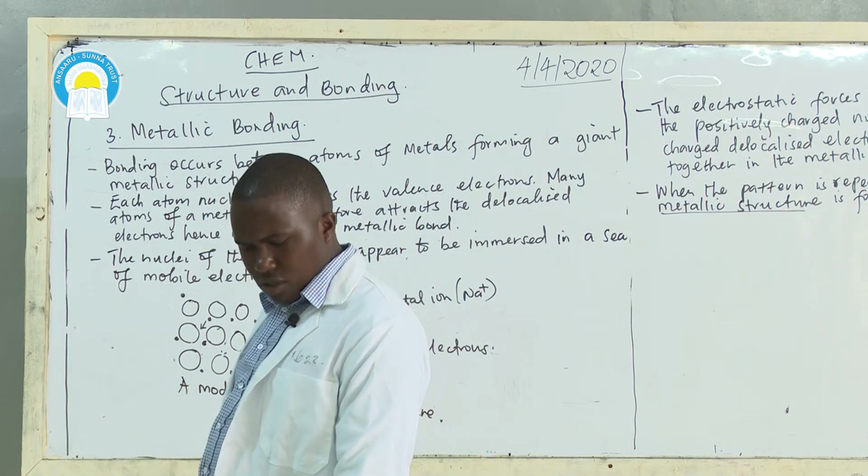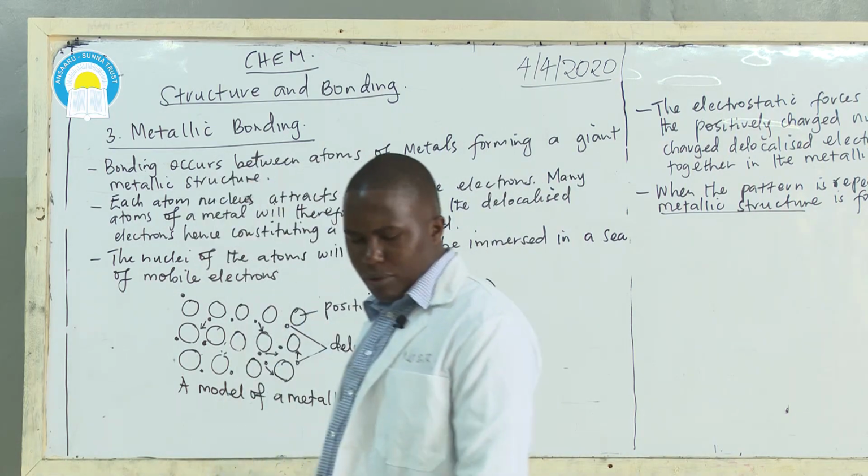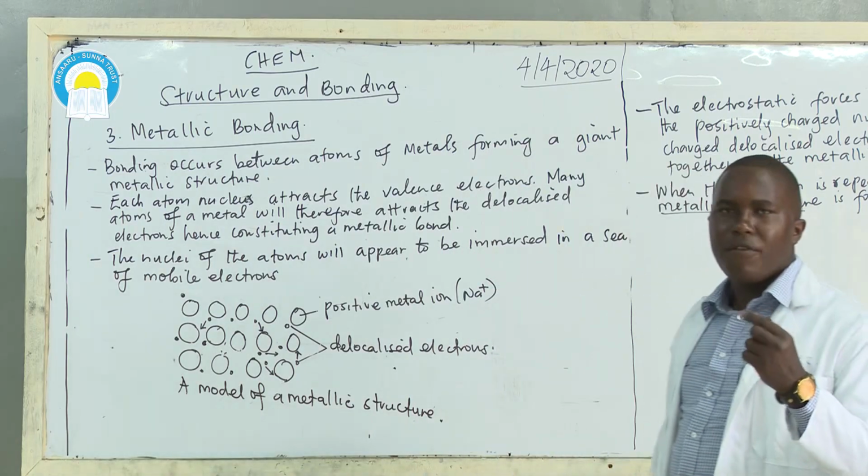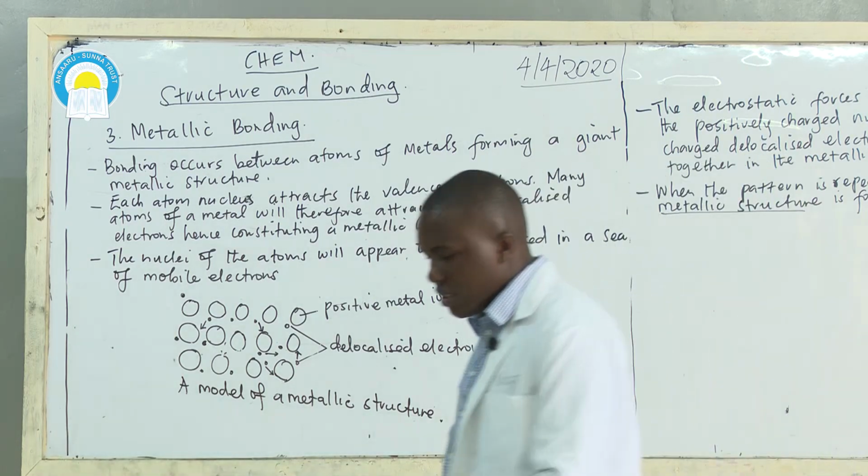Now, having talked about the metallic bonding, we want to look at some of the physical properties of metallic structures.